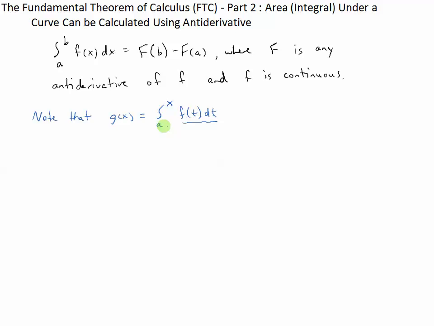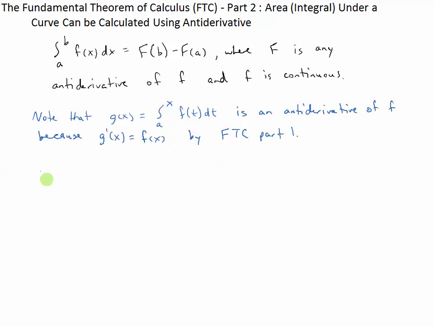This function, g of x equals this integral, this area, is an antiderivative of the function f, because the derivative of g with respect to x is f of x by the fundamental theorem of calculus part 1.